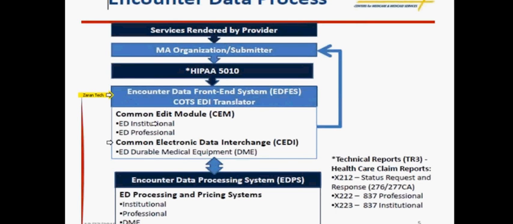But what is listed in this bullet is important for you to understand what they are trying to do with these transactions. The encounter information would be subjected to some front-end edits, they call it. They would be reviewing the institutional claims, the professional claims, the DME claims, the dental claims, etc. Some edits are performed, like common edit modules, and then the interchange modules, basically to check format level errors.